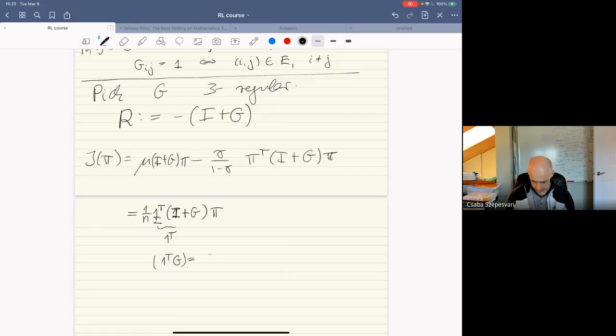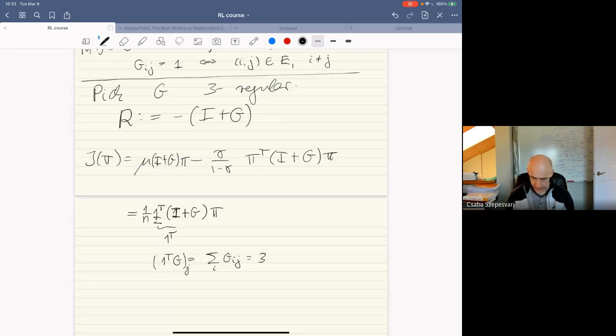The jth element of that is summing up the rows, so multiplying from the left is going to sum up the rows.